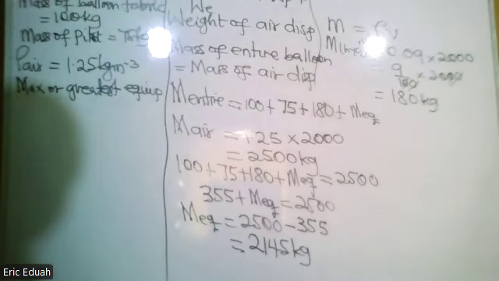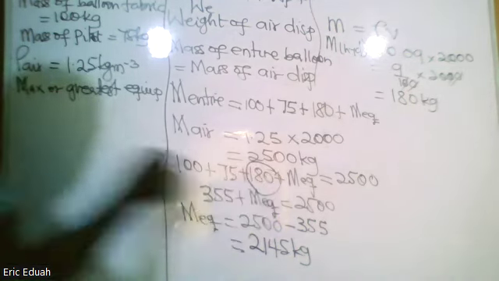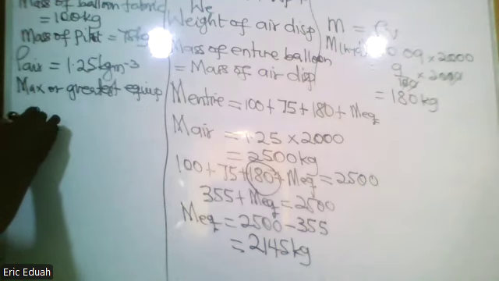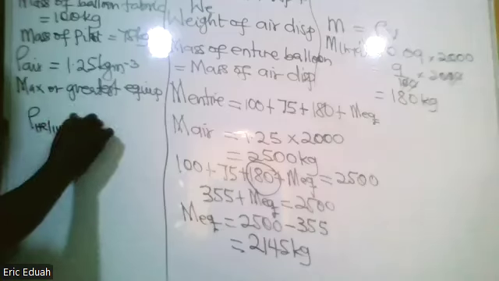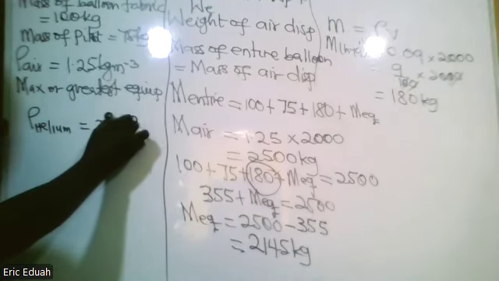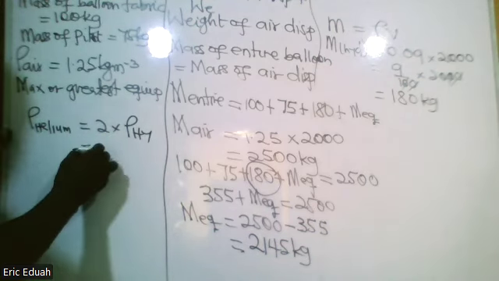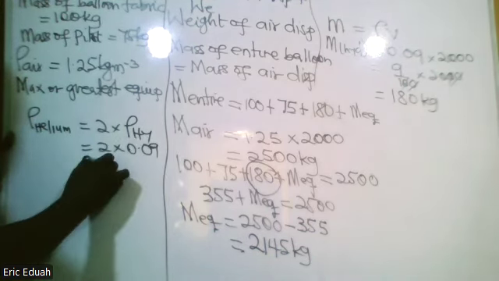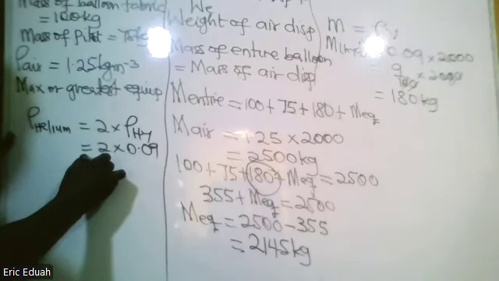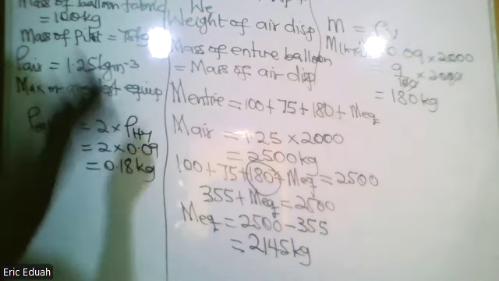Okay, so the only difference will be this, because the density of the new gas is now twice the density of the old gas of hydrogen. So if the density of hydrogen is 0.09, then this will be 0.18 kilogram.